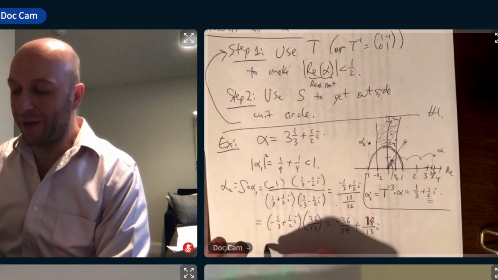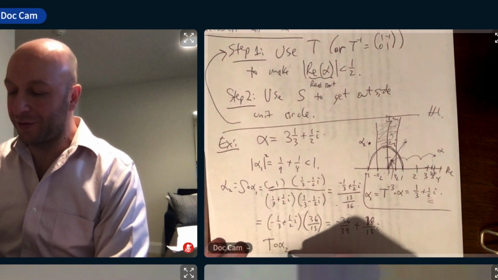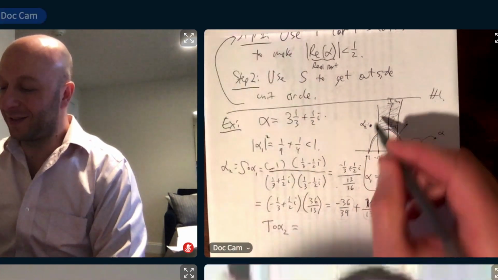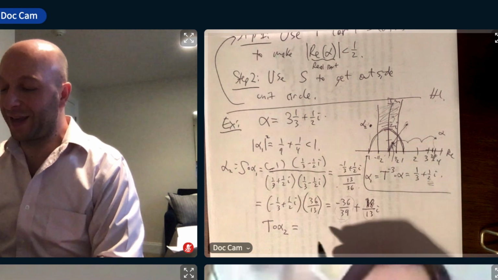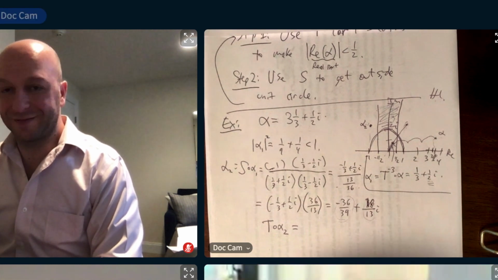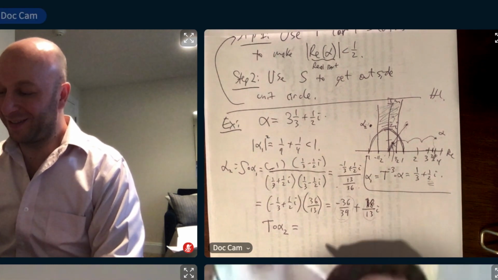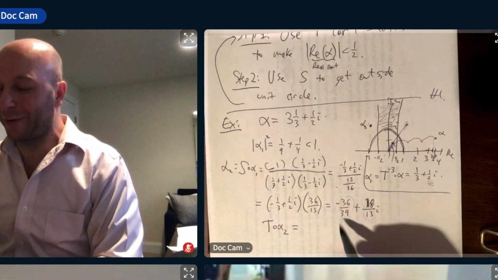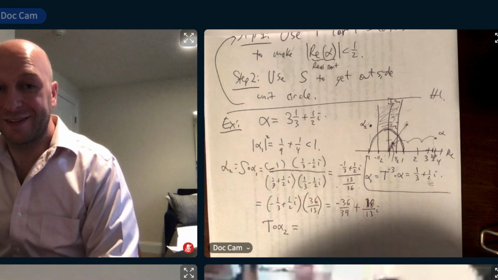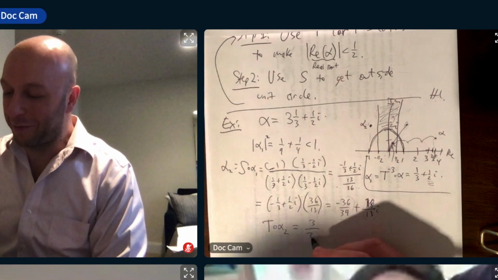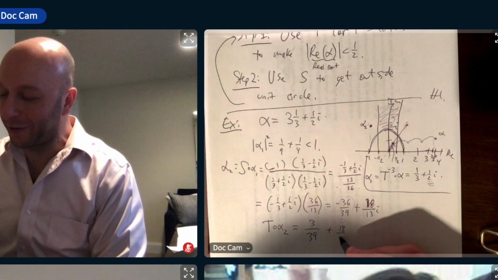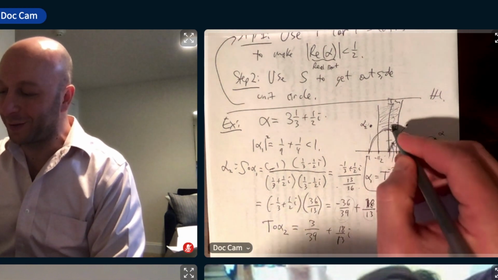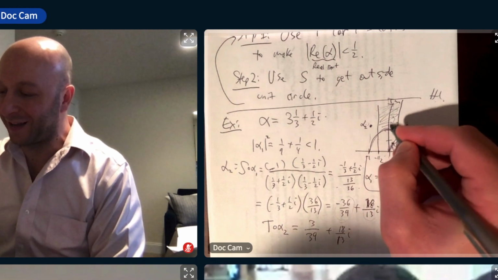So what happens if I apply T to alpha 2? That shifts it to the right by 1. If I add 39/39ths, I get 3 over 39 plus 18/13 i. 3 over 39 is pretty close to 0, plus 18/13 i is above 1.